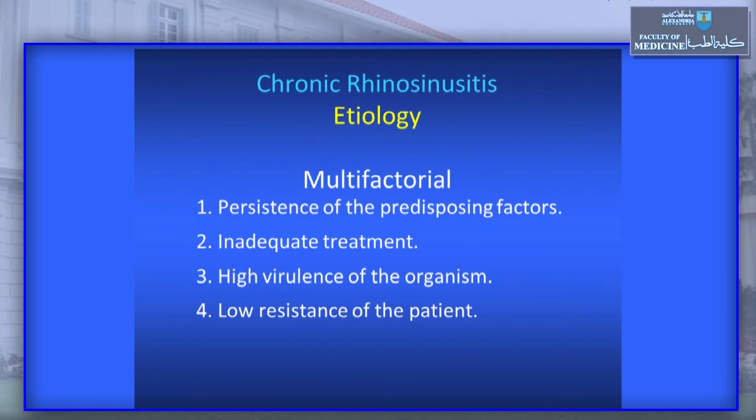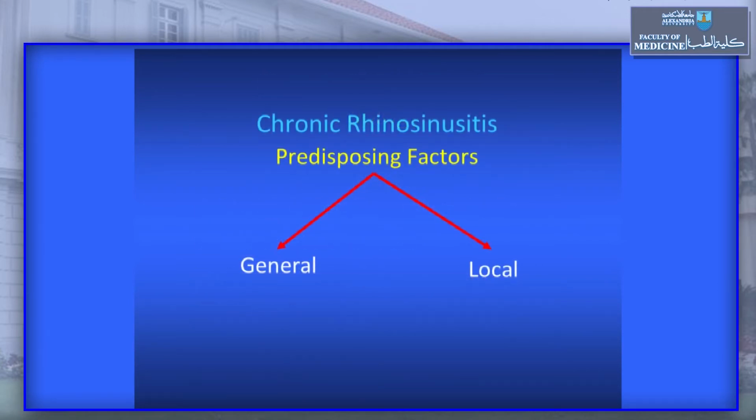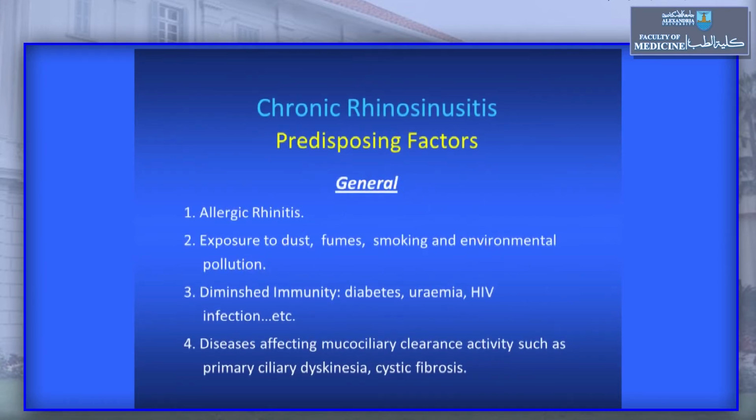It's very important to be able to identify the predisposing factors that can lead to chronic rhinosinusitis and to be acquainted with these predisposing factors. So what are the predisposing factors? Predisposing factors could be either general or local. The general predisposing factors include, number 1, allergic rhinitis, number 2, exposure to dust, fumes, smoking, and environmental pollution.